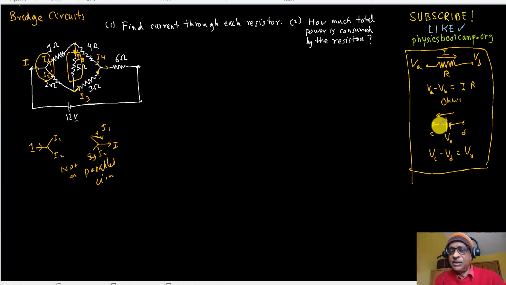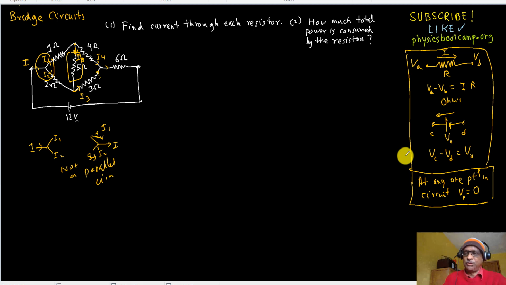One other rule is that at any one point in the circuit, the potential V at that point can be set to 0. Say point P. At one point I can set it, not more than one point.